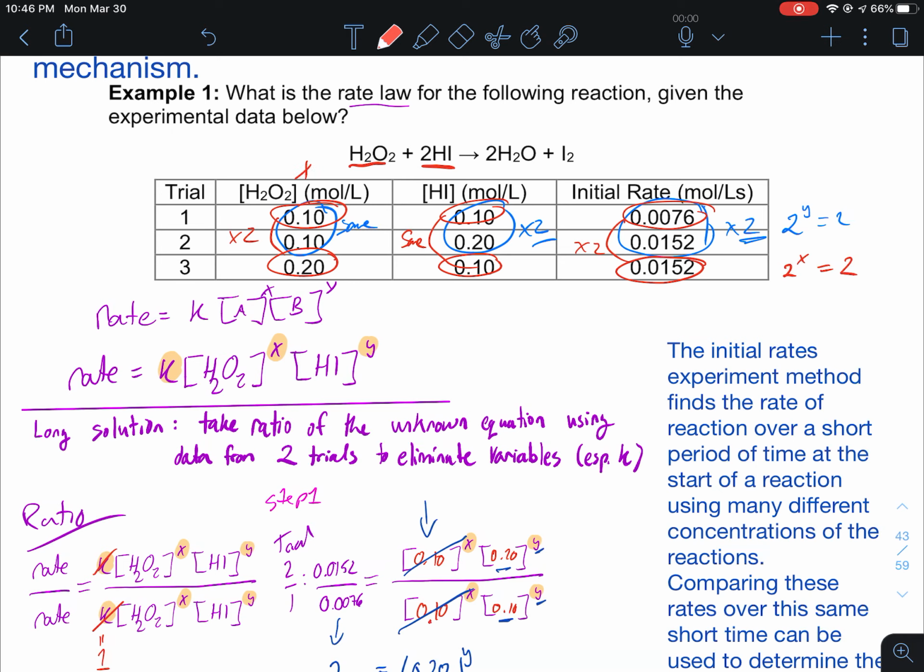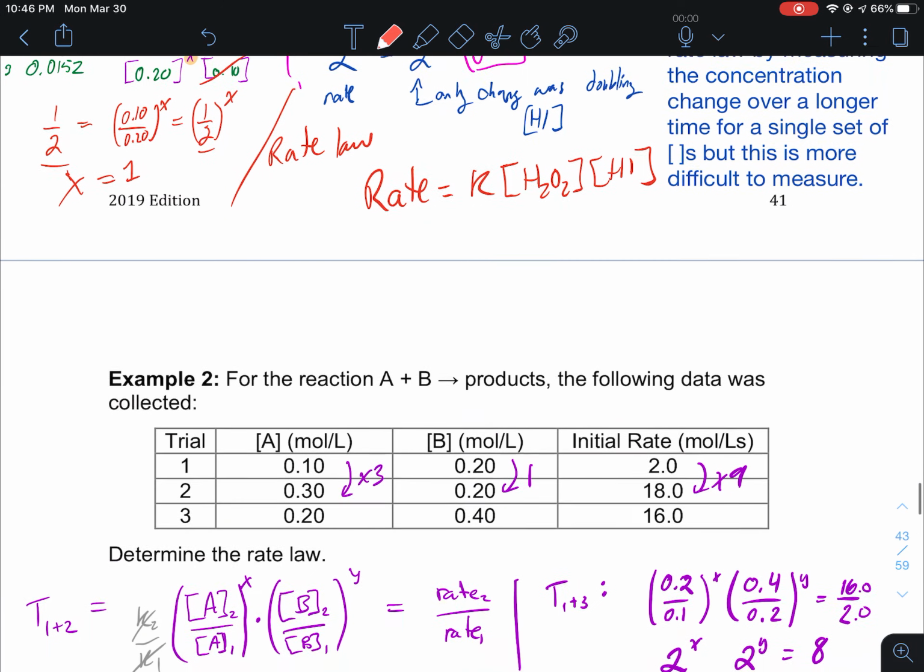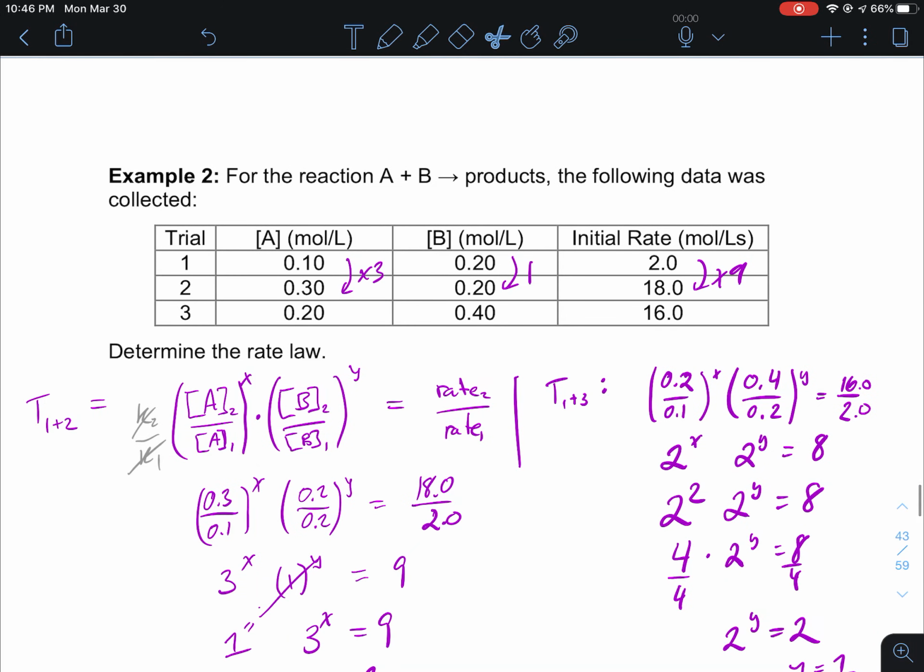And we can put an x up here, we can put a y here, and then that can remind you that 2 to the power of x has to be equal to 2. So let's go to the next one where we're going to find an example where the values are not the same. I want to show you that sort of quick method right off the top here.